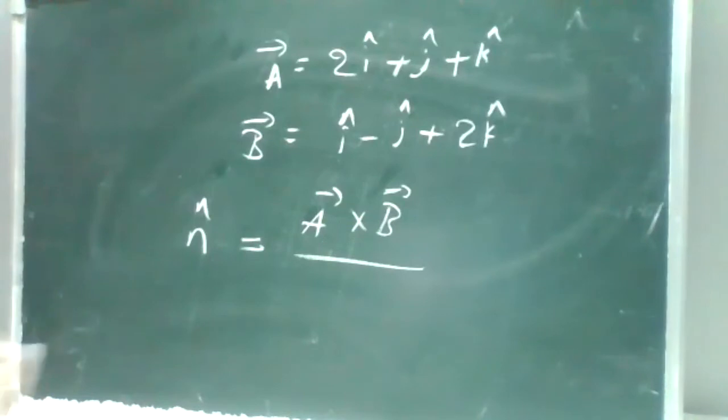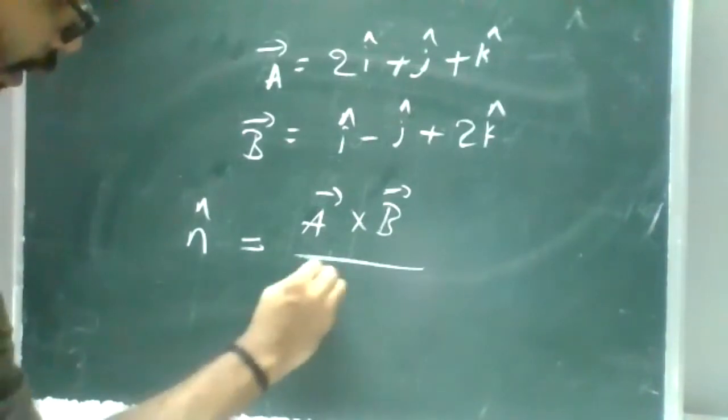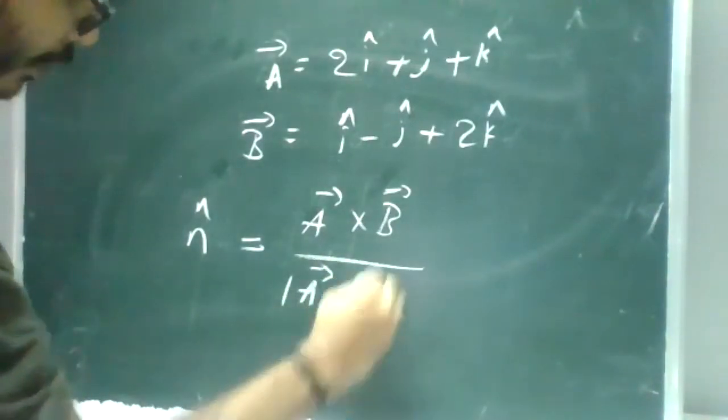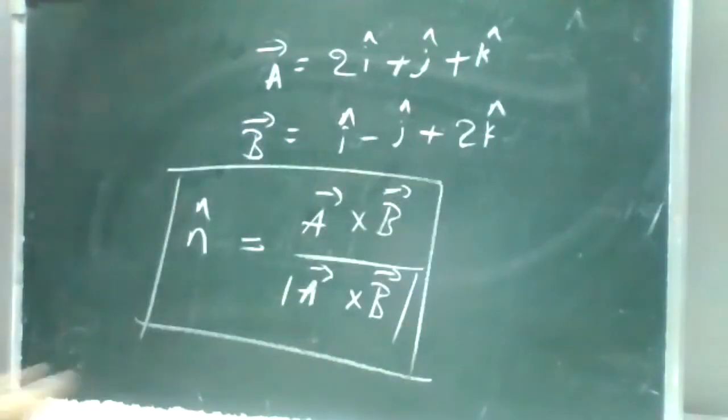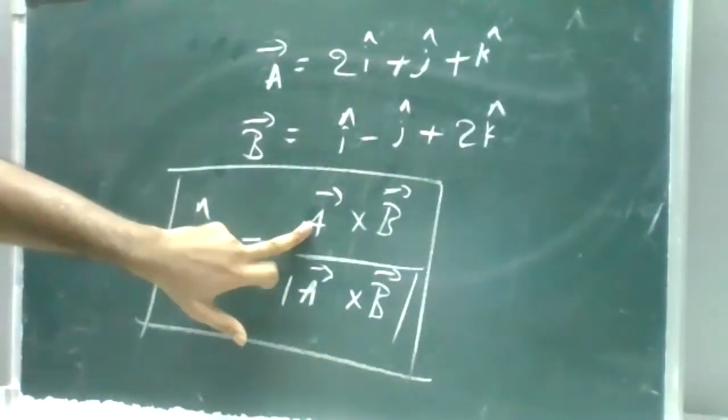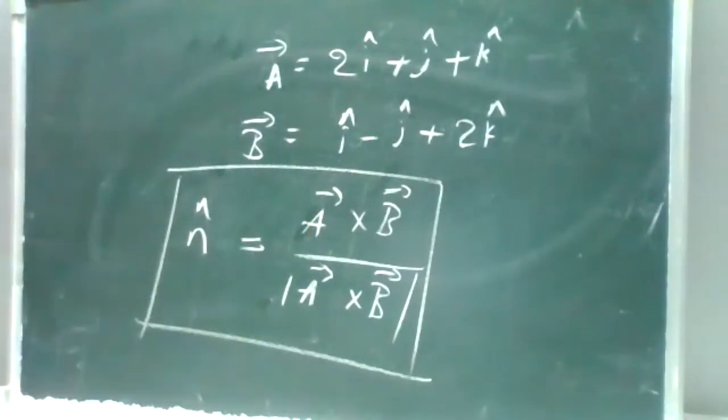First find the A cross B vector, then take the magnitude for it, and divide. It will be in vector format only.